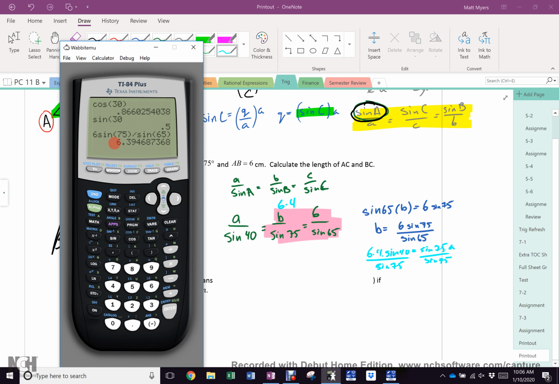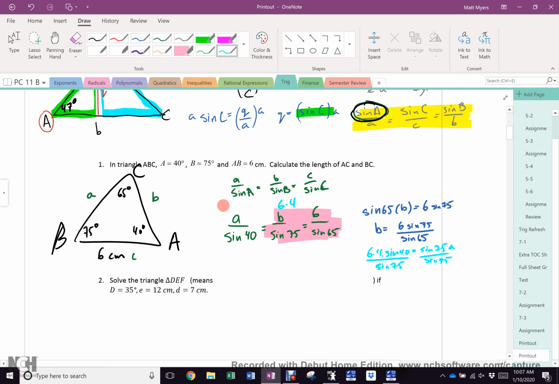You guys never want to show work. You would clear this and go back and start from scratch. Don't. Because now all I need to do is I've got it right there. Times sine 40 divided by what? Sine 75. To get 4.25. Now what are we going to round that off to? 4.3. Right? Everybody cool? Why not?